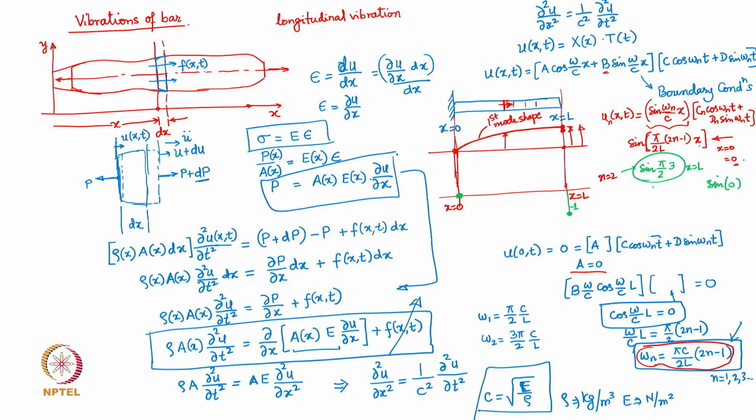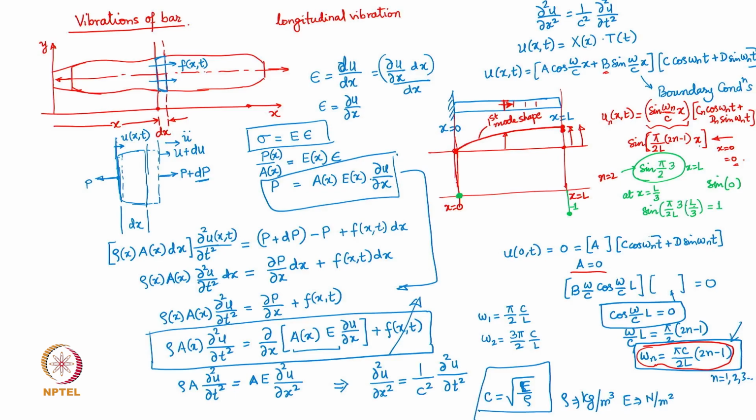So you can show easily that at x equal to L by 3, this sine function will be what? Pi by 2 L, and because n is equal to 2 here, this is going to be 3, and L by 3 is all going to give you what? 1 value, sine pi by 2.